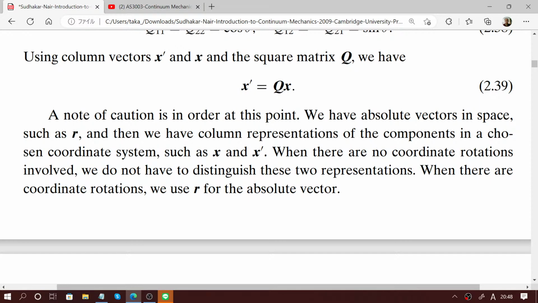When there are no coordinate rotations involved, we do not have to distinguish these two representations. When there are coordinate rotations, we use R for the absolute vector.